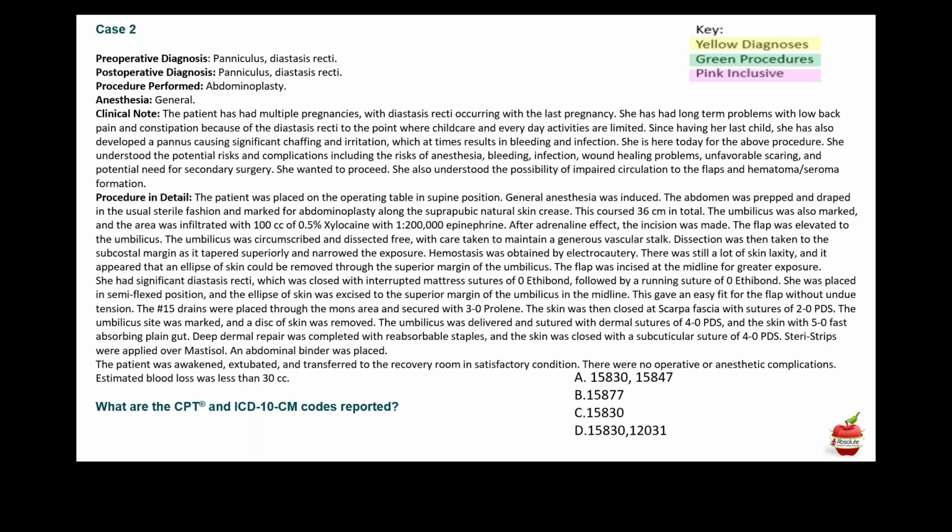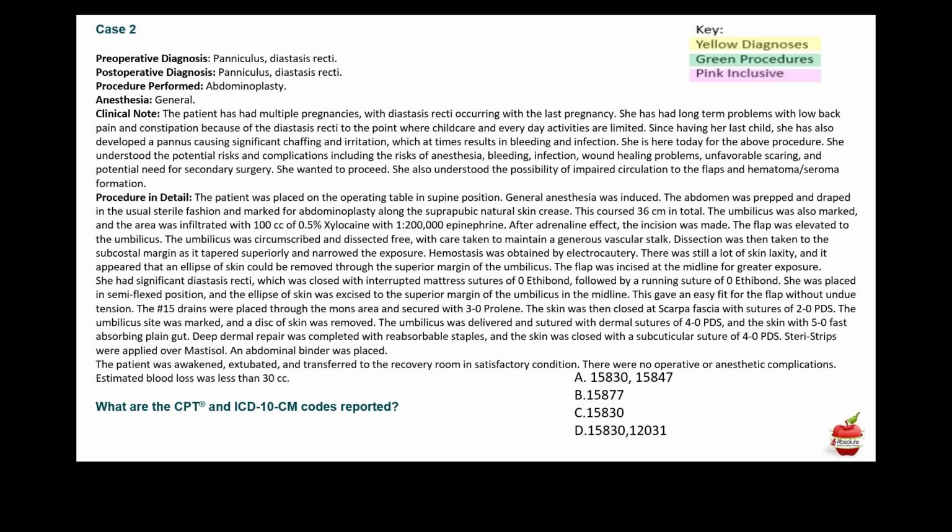Procedure in detail. The patient was placed on the operating table in supine position. General anesthesia was induced. The abdomen was prepped and draped in the usual sterile fashion and marked for abdominoplasty along the suprapubic natural skin crease. This measured 36 cm in total.